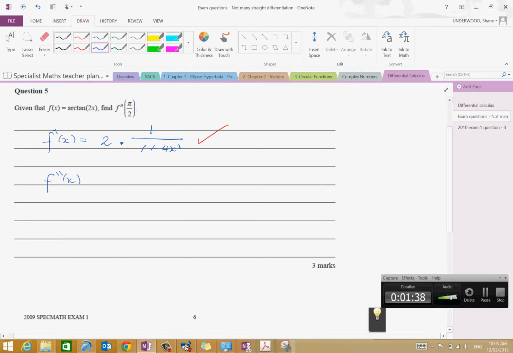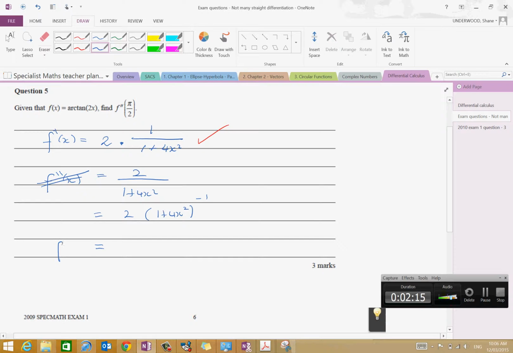So if f dash of x is equal to 2 over 1 plus 4x squared, let's do it this way: that is equal to 2 outside of 1 plus 4x squared to the power of negative 1. I'm going to apply the product rule. The derivative of 2 is 0, so therefore it's not that. And the derivative of 1 plus 4x squared to the power of minus 1 is equal to, well, what?